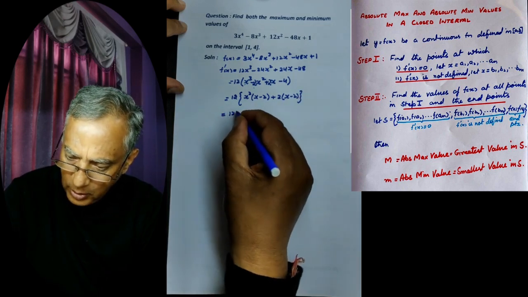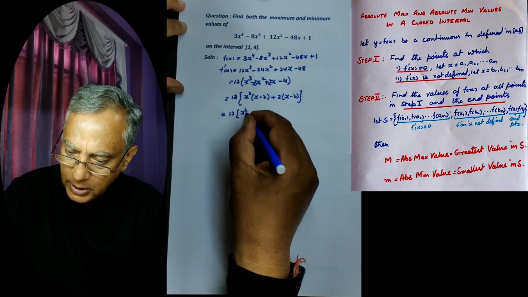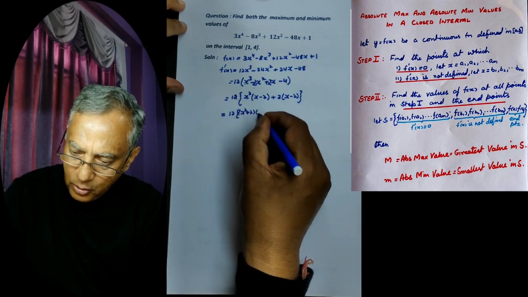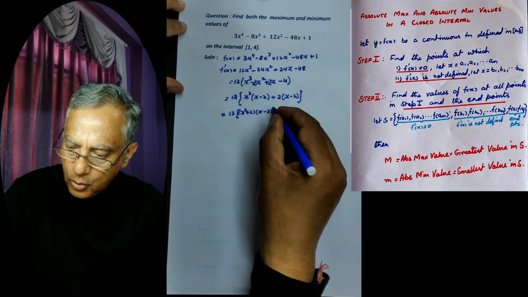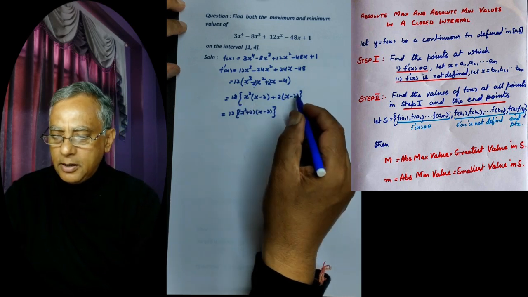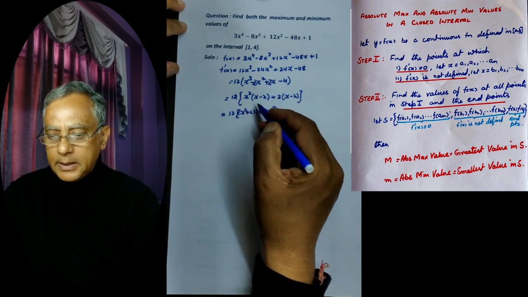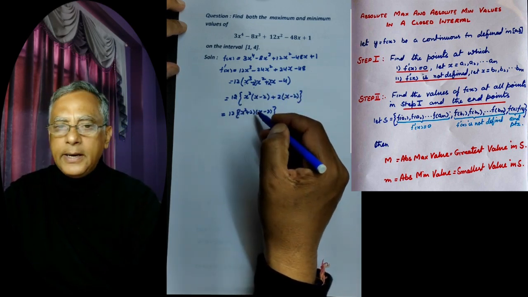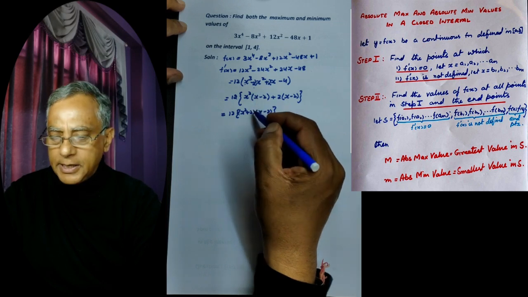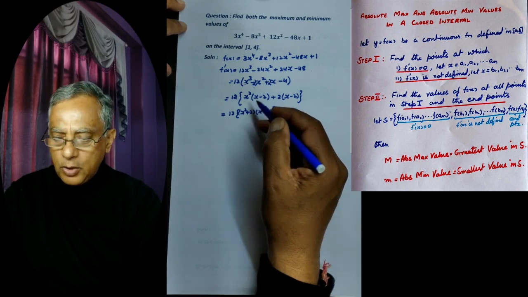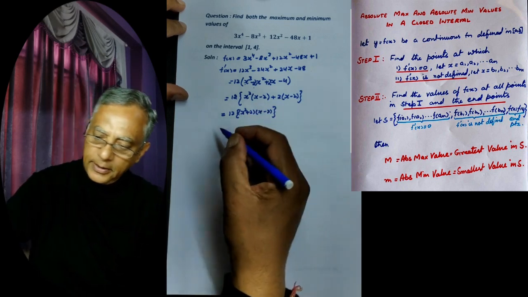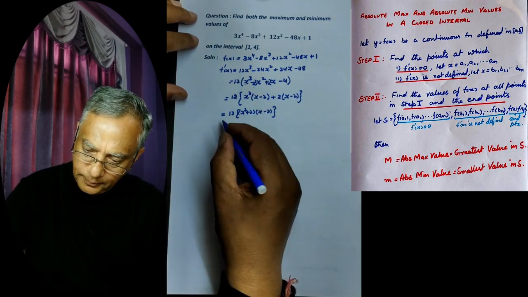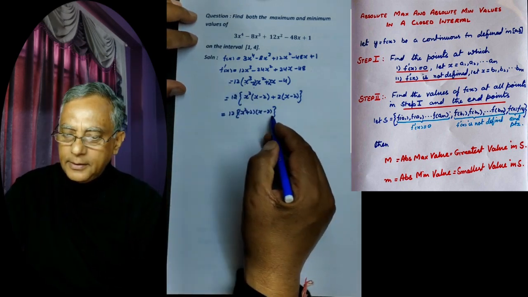This is equal to 12 into (x square plus 2) into (x minus 2). You can also use synthetic division to factorize this, but this is easy, so I factorized it directly. So f'(x) is this much.